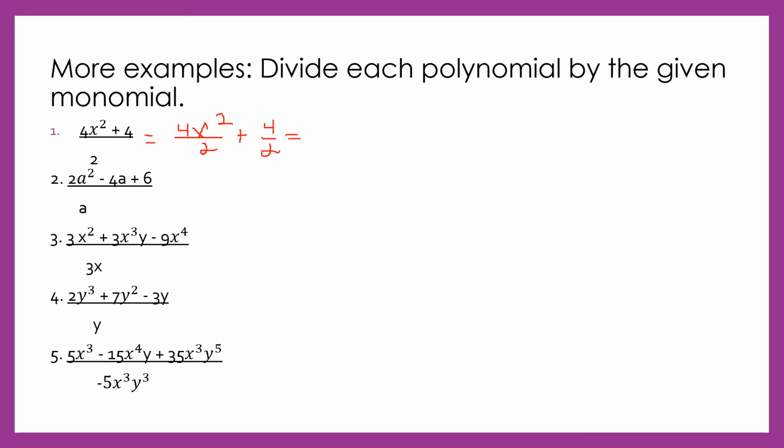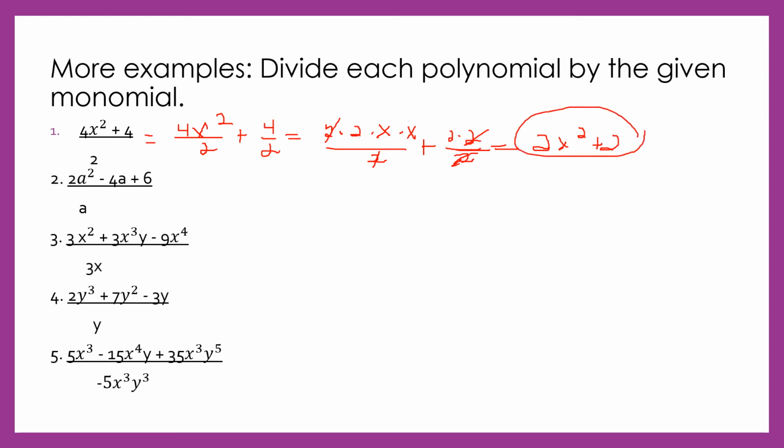So we have 2 times 2 times x over 2 plus 2 times 2 over 2. So we have 1. So we have 2x squared plus, we cancel this, 2. That is the final answer.